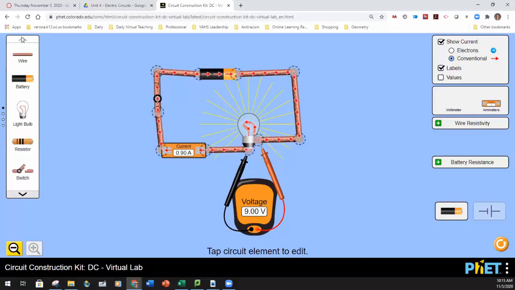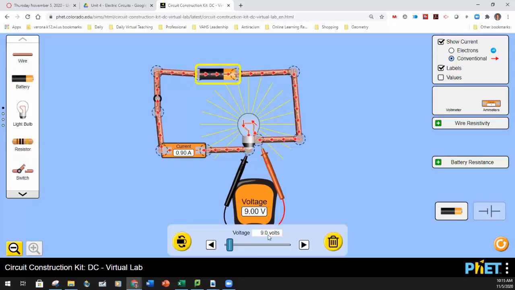But let's see. The next thing I'm going to do is click on the battery, and I'm going to change the voltage, and I want you guys to watch what happens to the current. So now the voltage is 0, and now it's 1.5, and the current is 0.15. And the voltage is 5, and the current is 0.5.